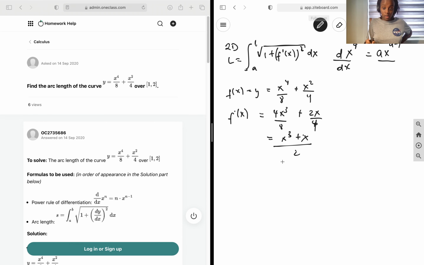And so now we're just going to plug that right back in. And we know that our endpoints are 1 and 2.